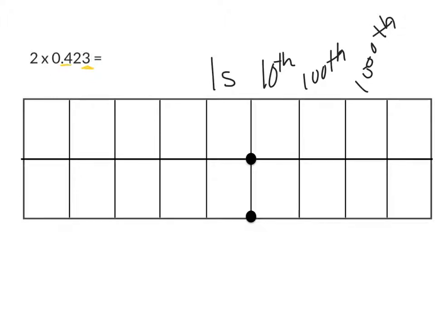So I am going to draw 4 counters. In my hundredths place, I have a 2, so I'm going to draw 2 counters. And lastly, in my thousandths place, I have a 3, so I will draw 3 counters.